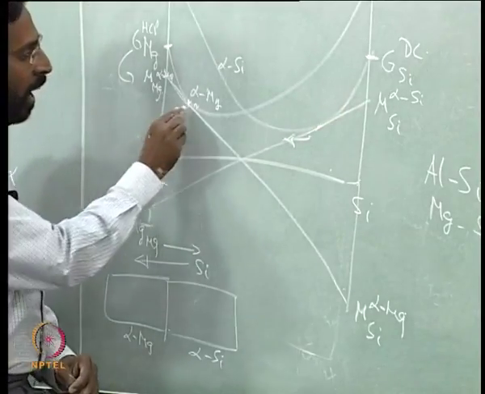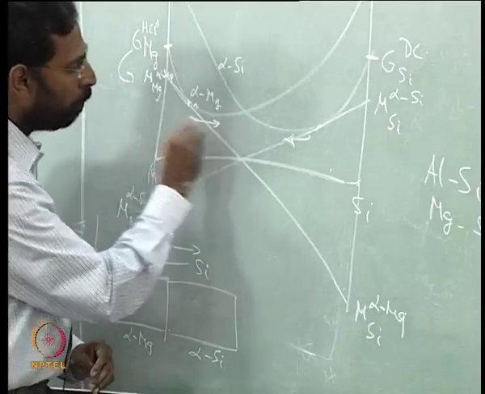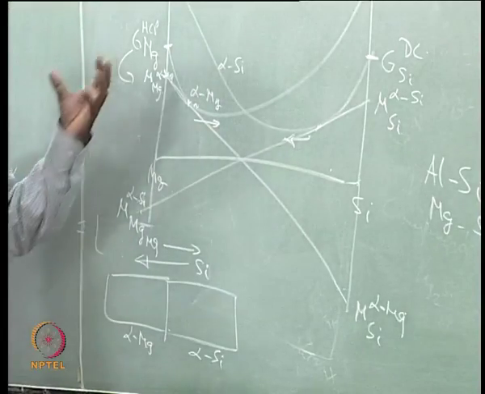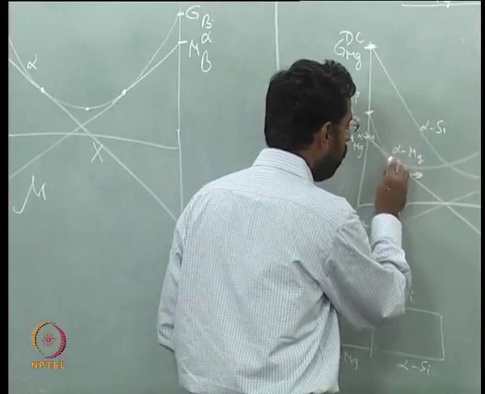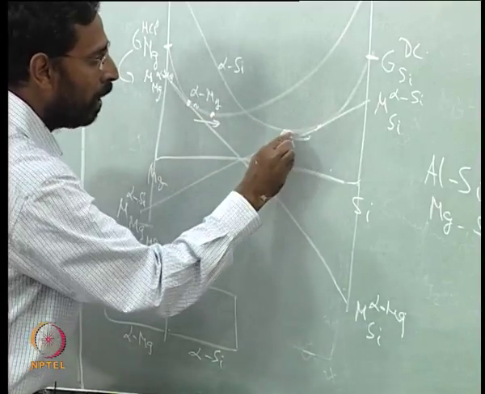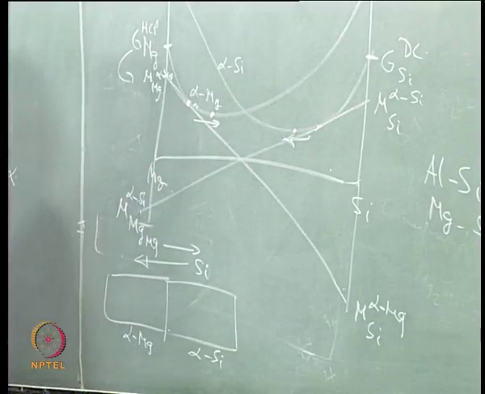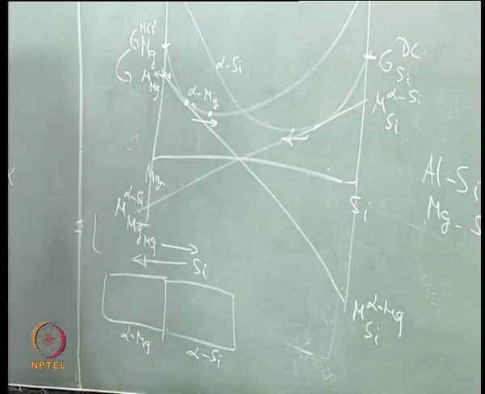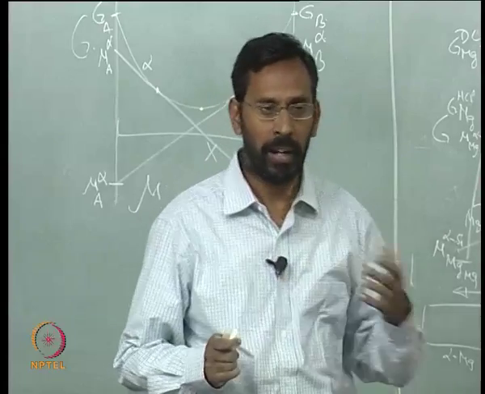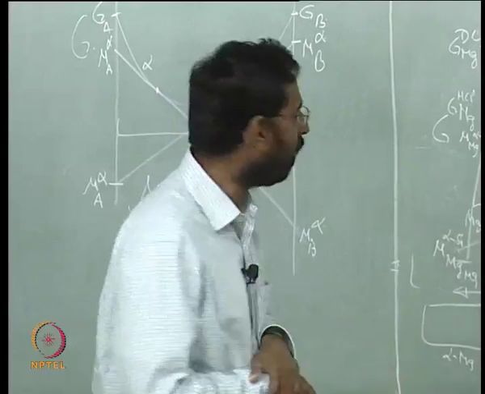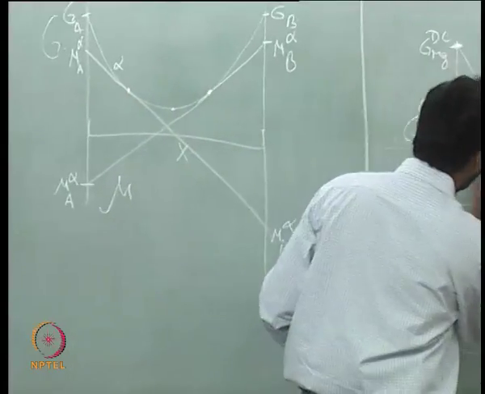When more silicon is added to alpha magnesium, the composition will move towards this direction. So, the alloy compositions of the two phases start moving from here to here and from here to here. And now, at these two new compositions, if I again draw the common tangents, I will see that these tangents now will start moving.